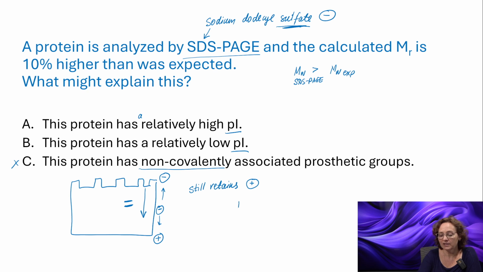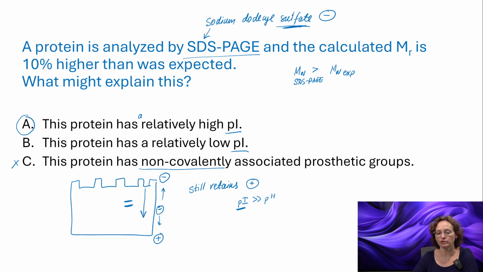When the pI is much higher than the pH of the solution. That way, all those ionizable functional groups still stay protonated, right? And so that would support a relatively high pI, right? That would support the first answer choice.